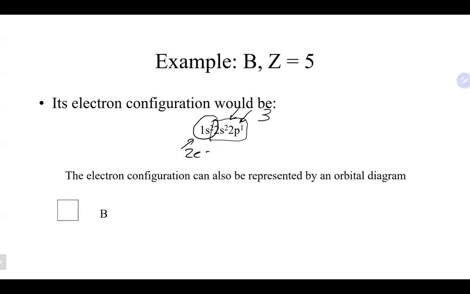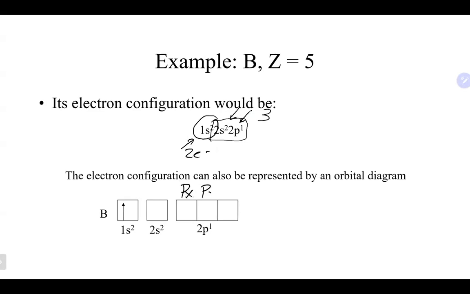In this case, we would actually need 3 boxes for our p orbitals. This would represent the px orbital, the py orbital, the pz orbital. And it would go up, down, and the very first one in the p subshell here will go up in the far left there.